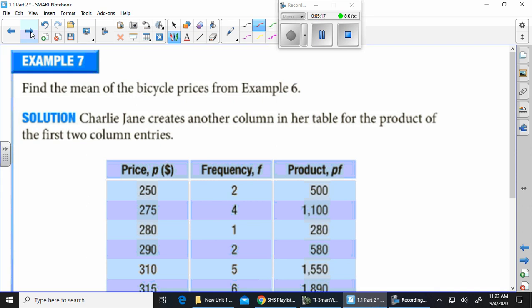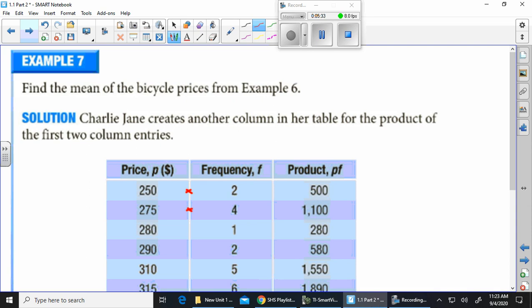Well, you don't want to add up the prices because in that table there's two 250s. So instead, you want to multiply the price by the frequency.